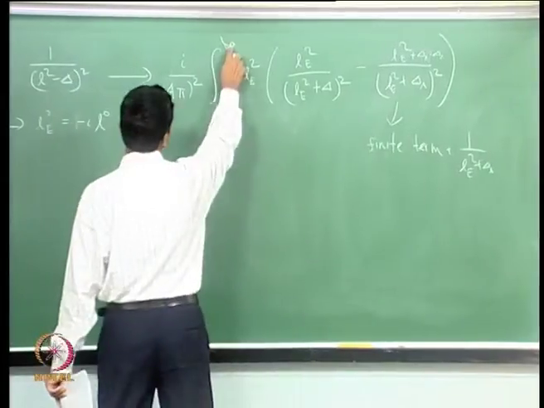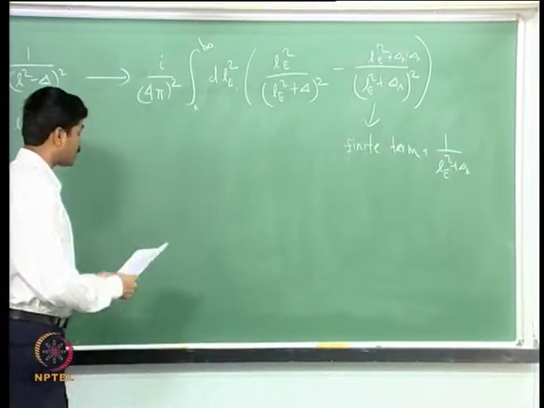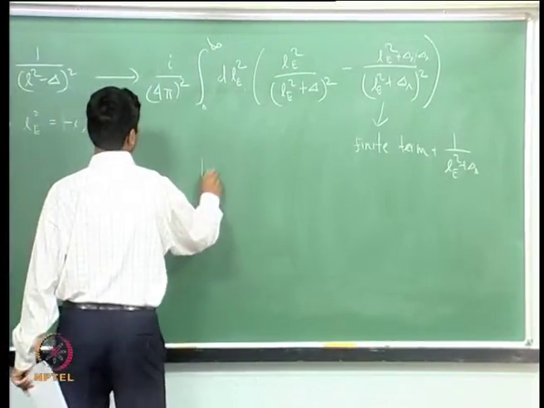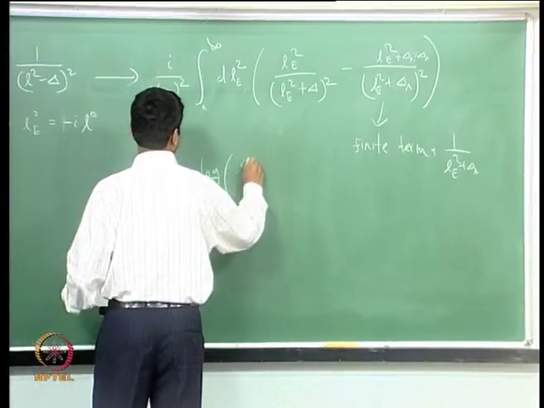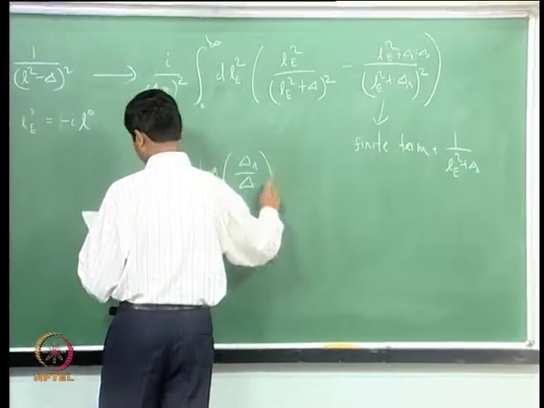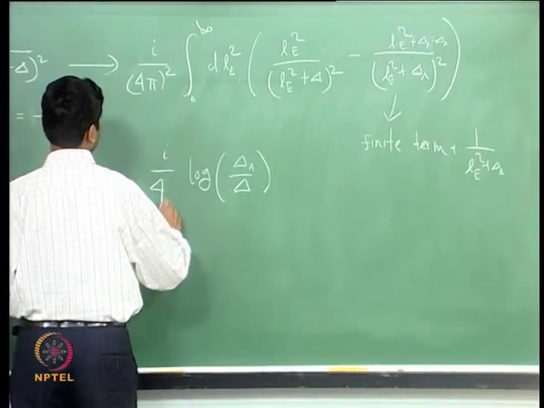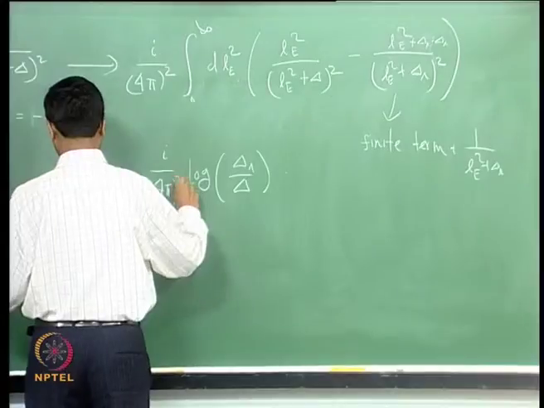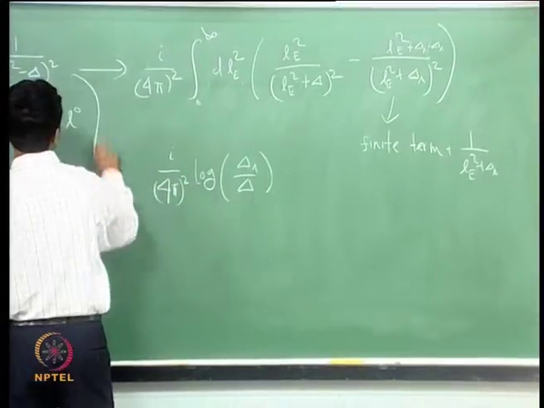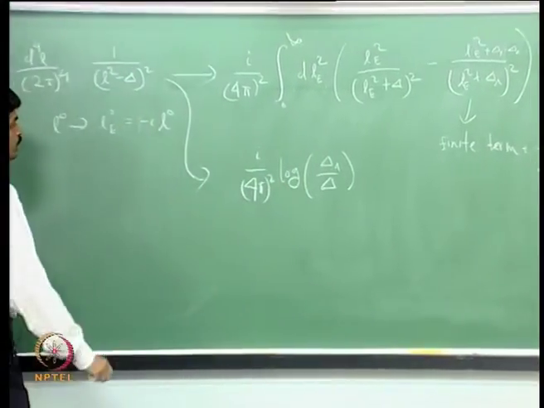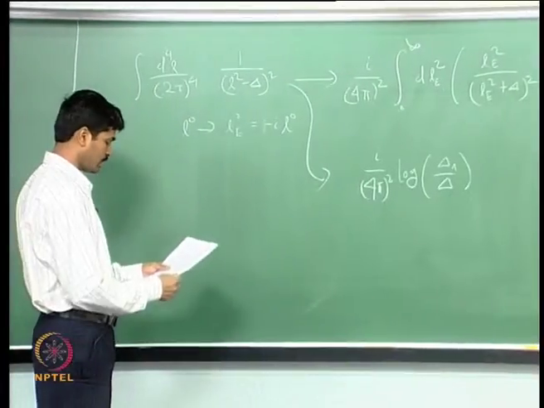Finally, when you evaluate it from 0 to infinity, you will simply get log of delta lambda divided by delta with a factor i over (4 pi) whole square. So finally, when you evaluate this integration, this is what you will get here.